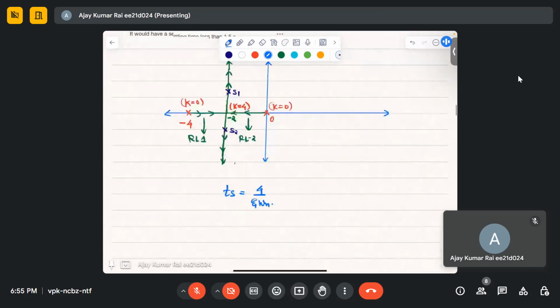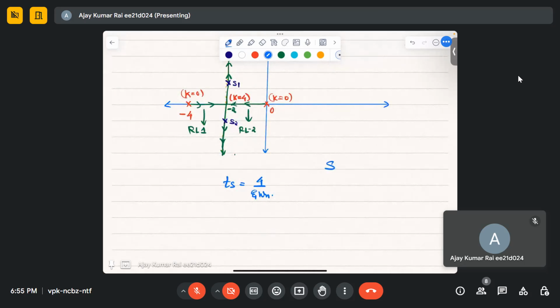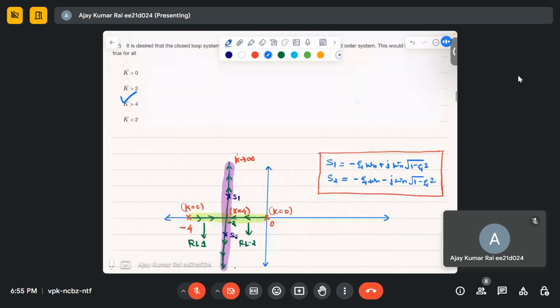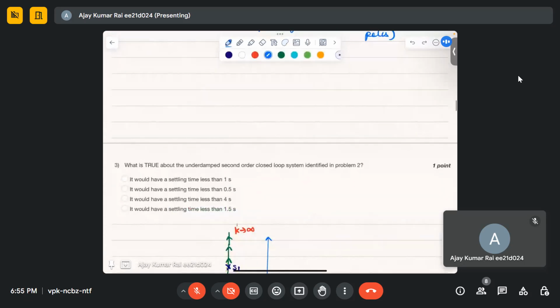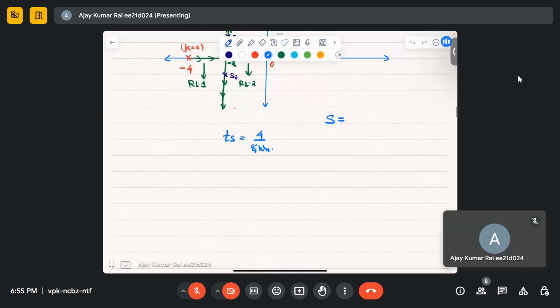Also, if you see the roots of the second order system, I'm using the same information. Let me write here once again: s is minus zeta omega n plus minus j omega n into root of 1 minus zeta square.